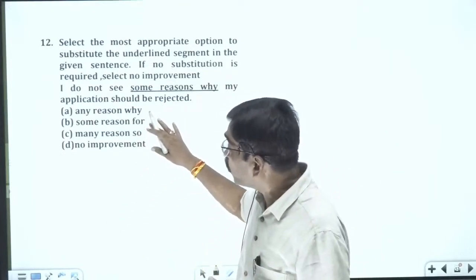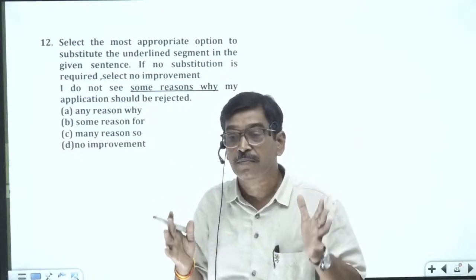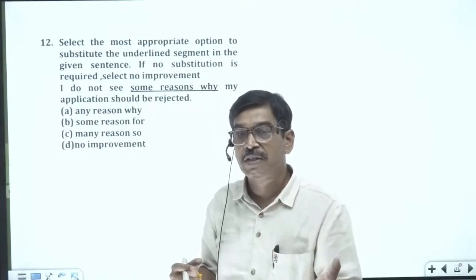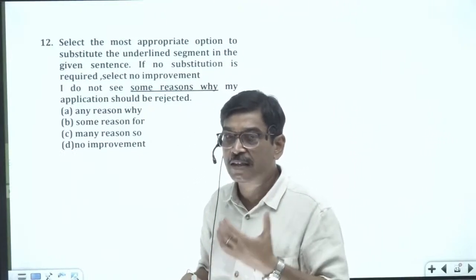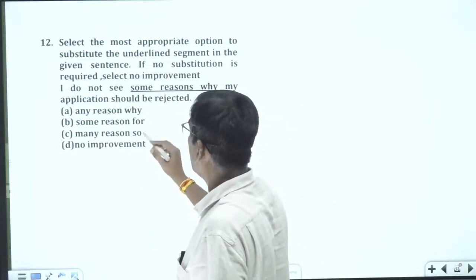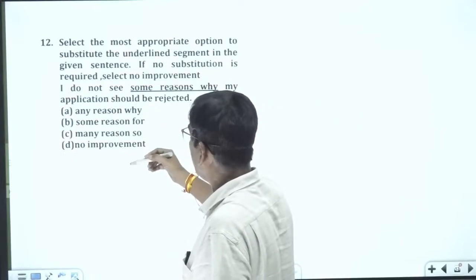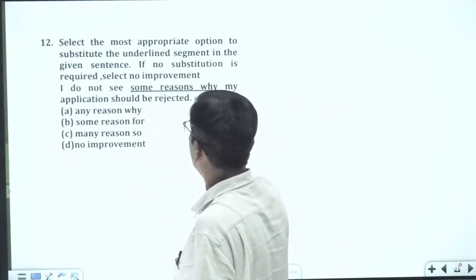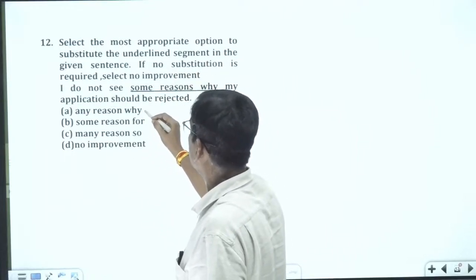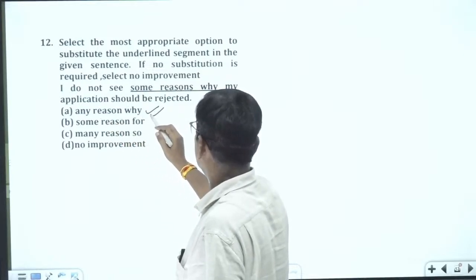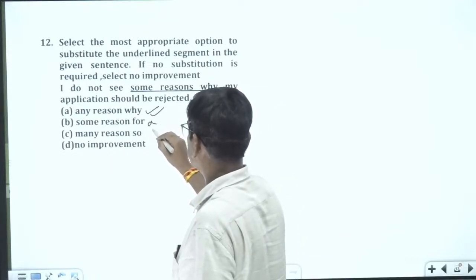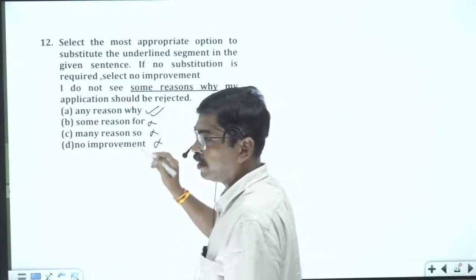But in this particular sentence, we can't take some, because some is a determiner and generally takes place in affirmative structure. So in negative structure, the determiner any can be used. It is easy to find the answer. The most appropriate substitute is A, any reason, not some. And the others are wrong. Only one, any.